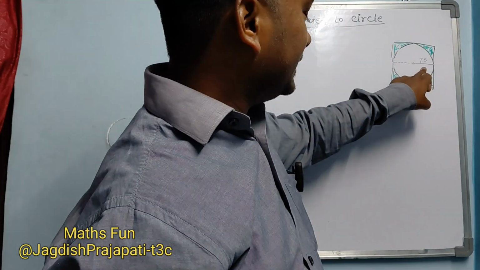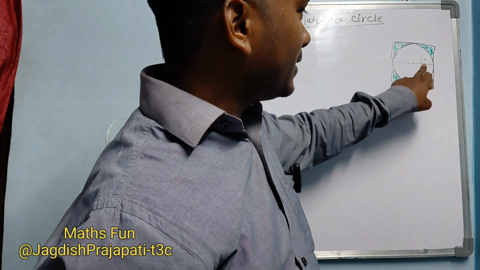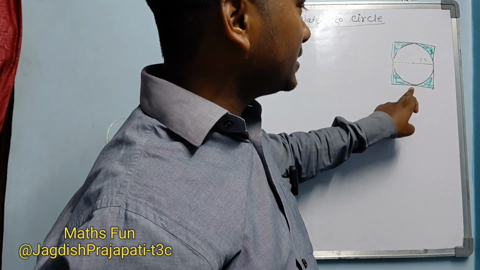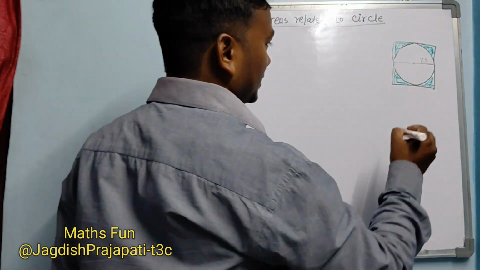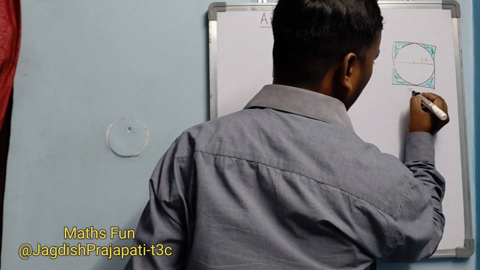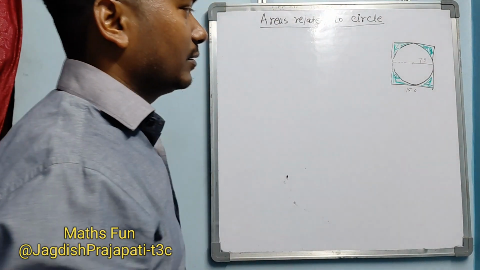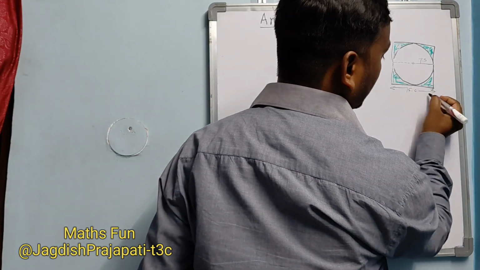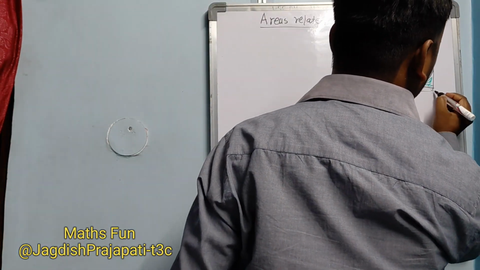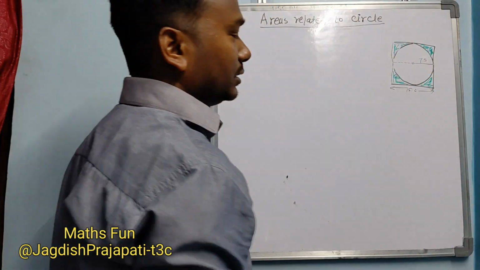So the side will be 7.5 plus 7.5, this will be 15. Okay, so this is 15.0. Area of the square, side of the square, length of the side of the square.